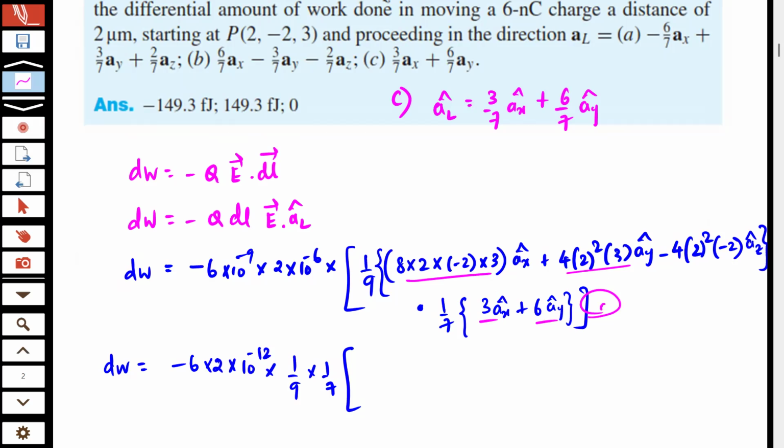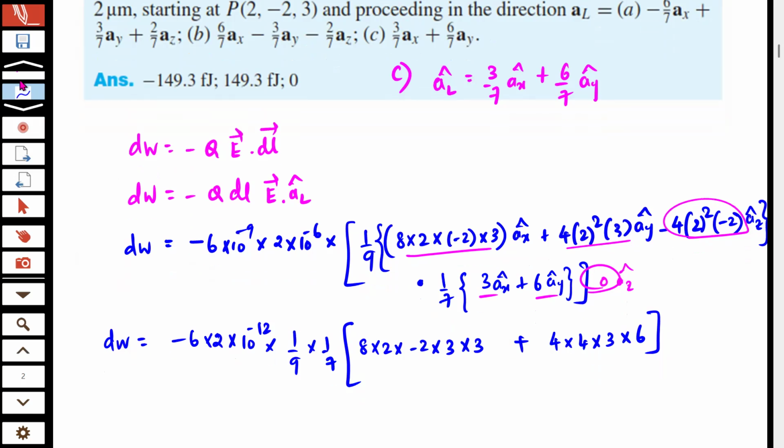Since there is no z component, 0 aZ cap, this 0 multiplication will result in 0 there. So we will be getting 8 into 2 into minus 2 into 3 multiplied with 3. And the second term is 4 into 4 into 3 into 6. So when you do this, we will be getting the answer to be 0.